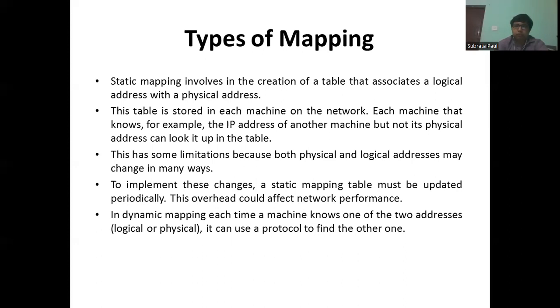and this would hamper the overall network performance. So in order to remove these limitations, we have another type of mapping which is known as dynamic mapping.